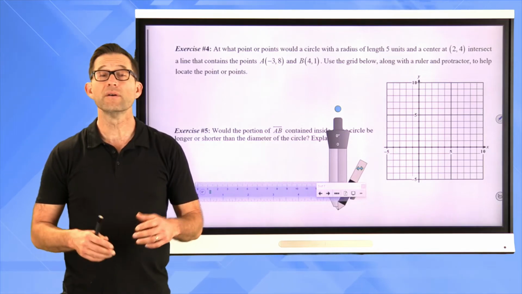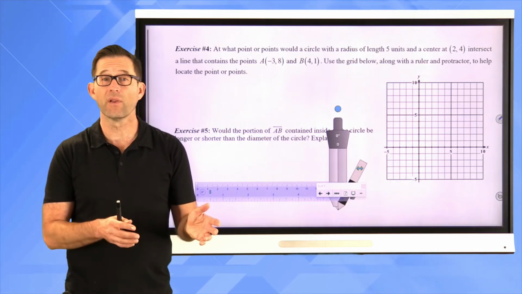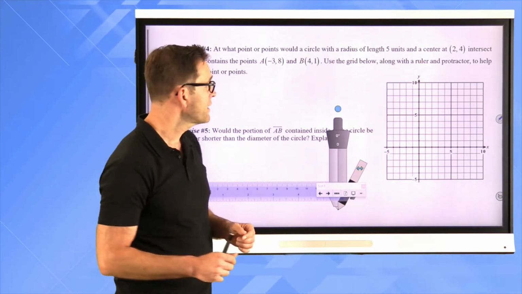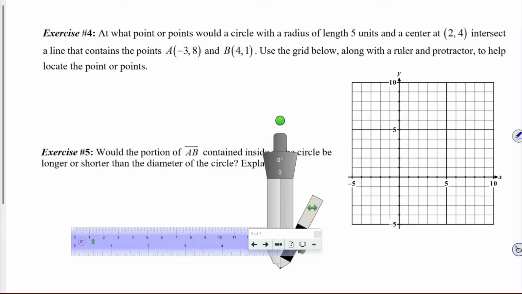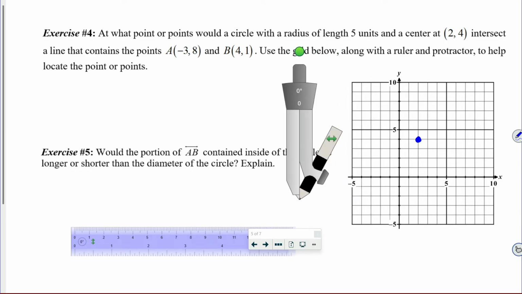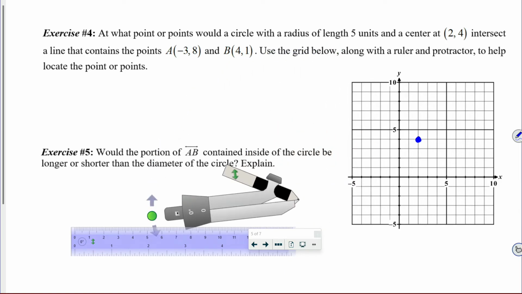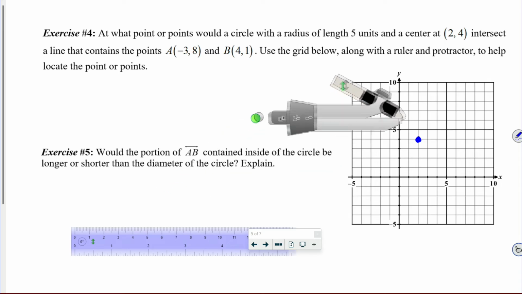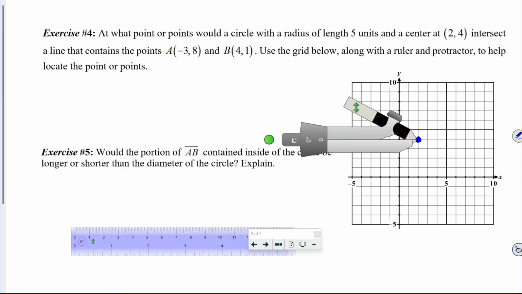All right, well, we have to draw both the circle and the line. Okay, so I guess I'll start with the circle, which is a little bit more challenging. The first thing I'm going to do is locate its center, which is at 2, 4. Then the other thing I have to do is draw it with a radius of 5 units. So I'm going to bring my compass over here, and put the pointy point on 2, 4, and then stretch the compass out 5 units.